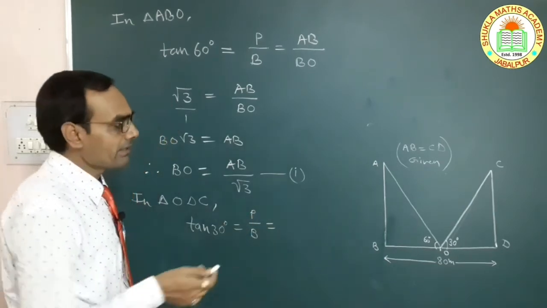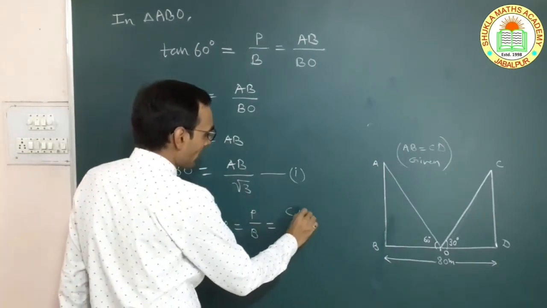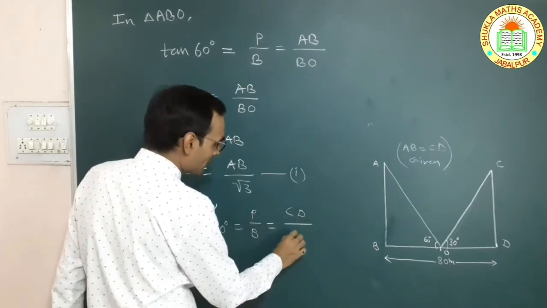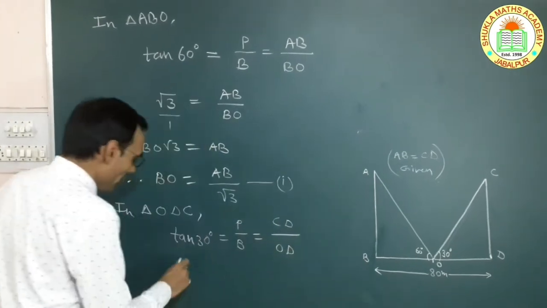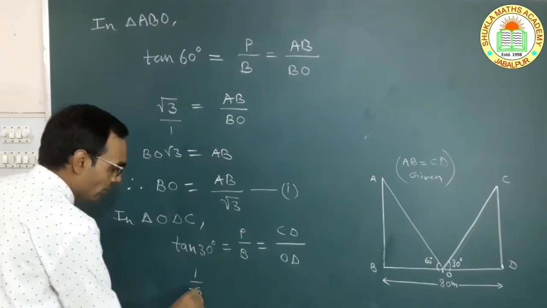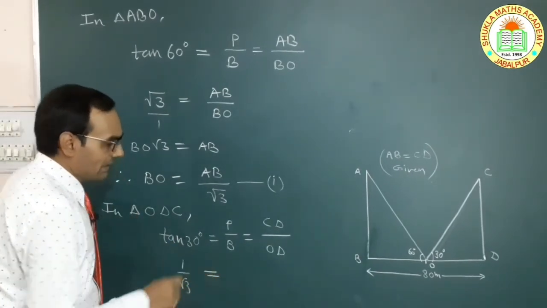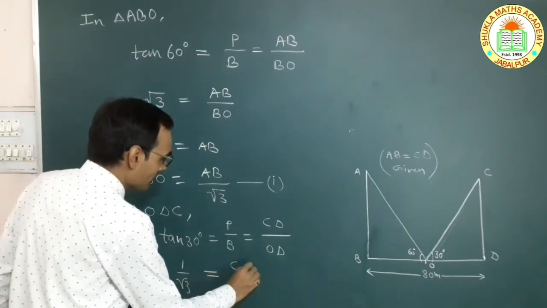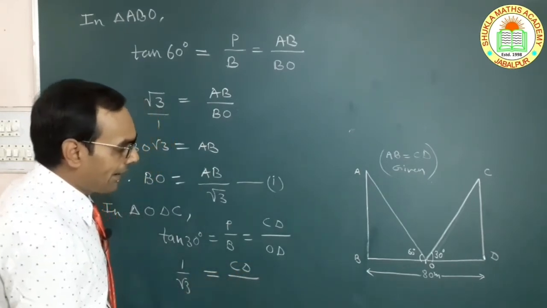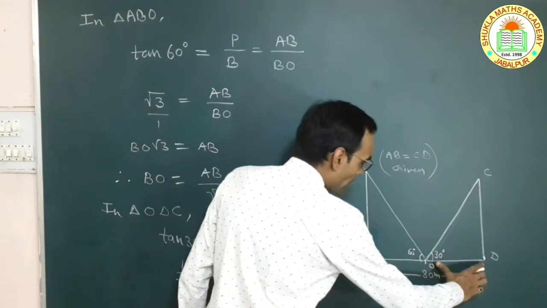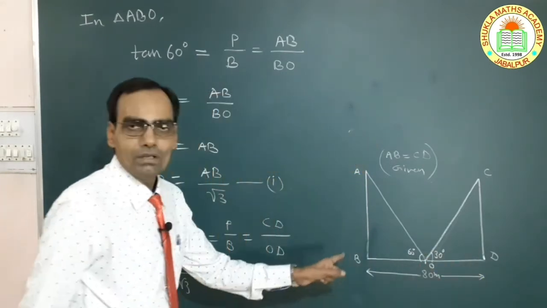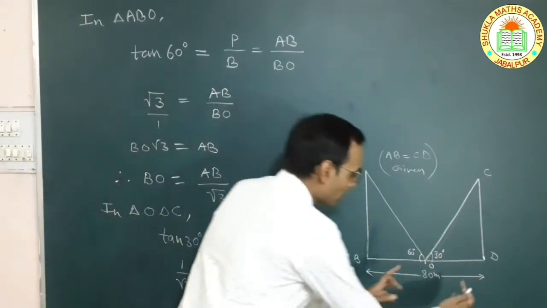Here the perpendicular is CD and the base is OD. And tan 30 is 1 by root 3 from the trigonometrical table, equal to CD upon OD. And we will find the value of OD in terms of BO.